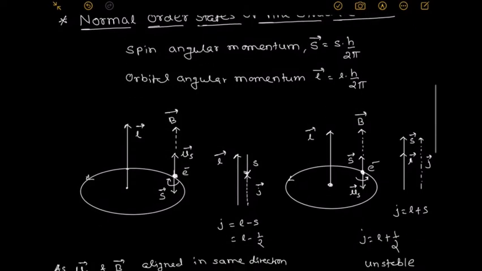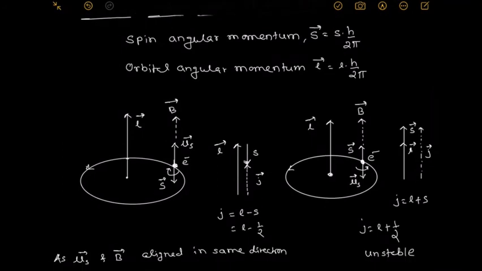Now see here, as the electron revolves about the nucleus, it possesses orbital motion, and its orbital angular momentum is in the direction of the magnetic field produced by the orbital motion. Means magnetic field B and L both are parallel.